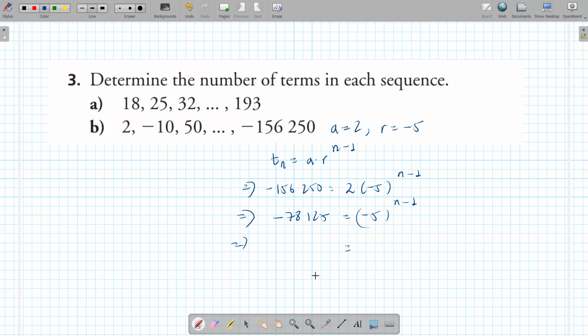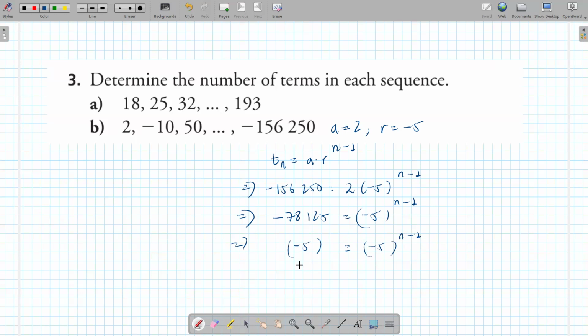What we need to do is this. We need to rewrite that 78,000 expression in terms of -5 to the power of something. So it just becomes a guess and check. I'm just going to do -5 to the power of 8. Cannot be 8 actually, because then that would give you a positive number.